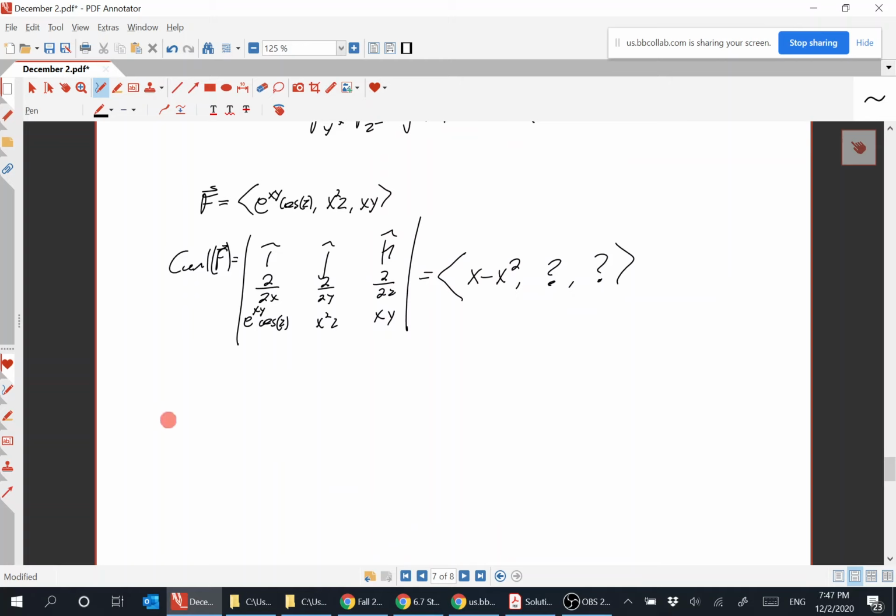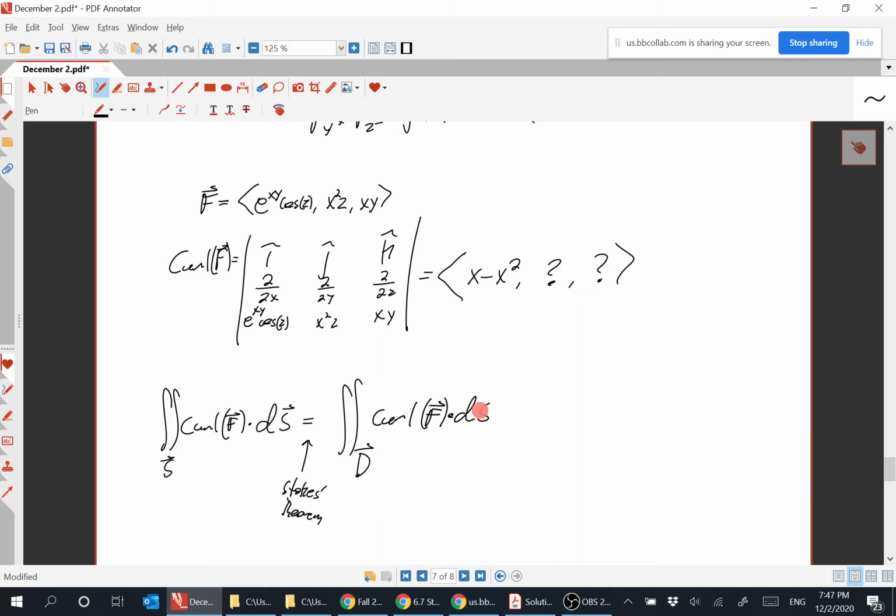All right, so the surface integral of the curl of f dot dS is equal to, by Stokes' theorem, so this was the sphere, the surface integral over the disk of the curl of f dot dS.